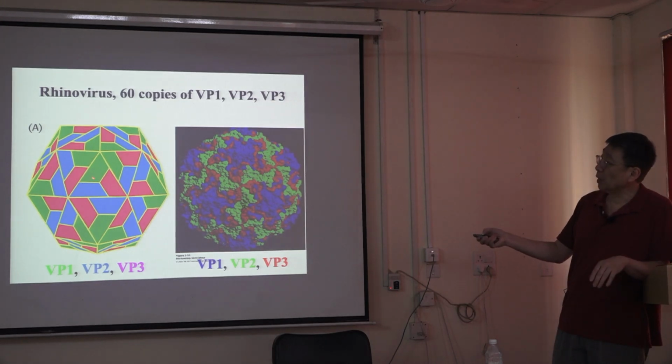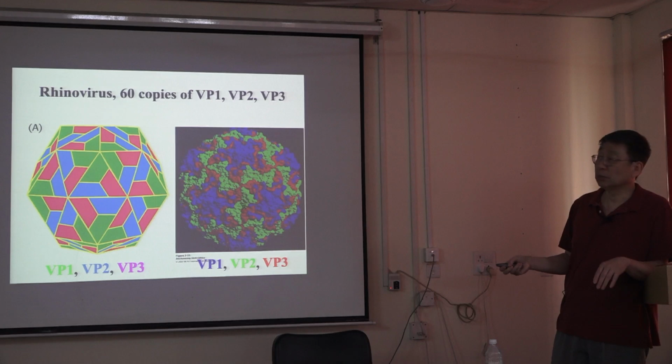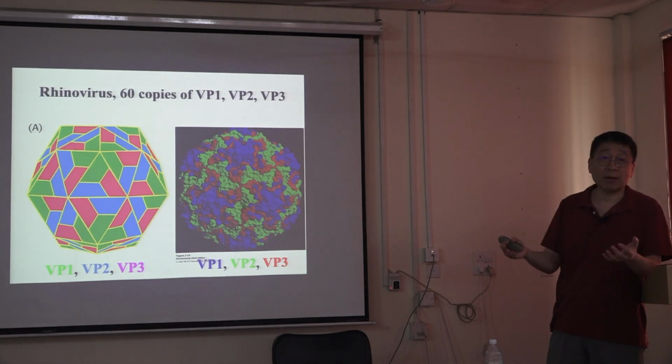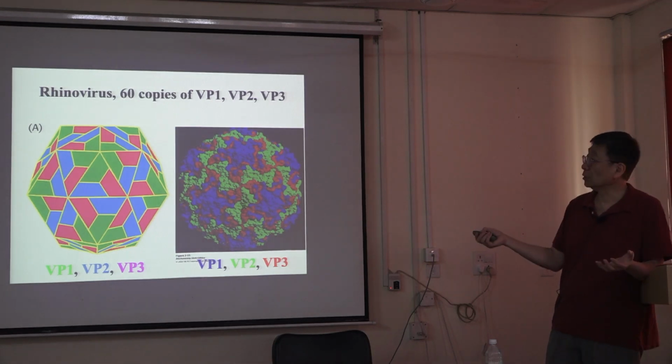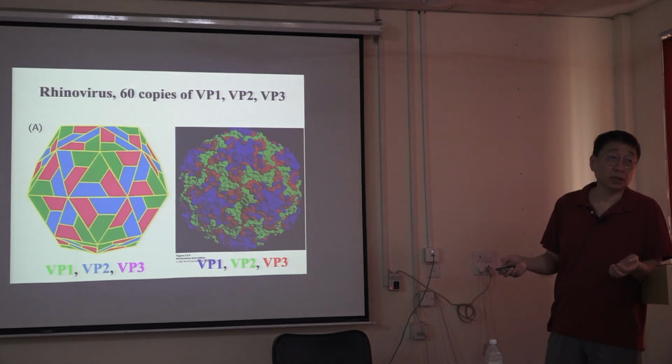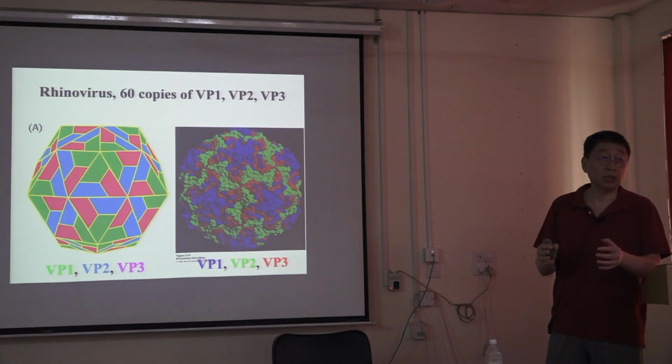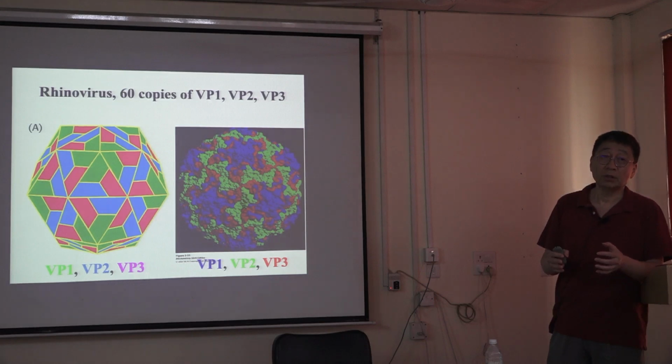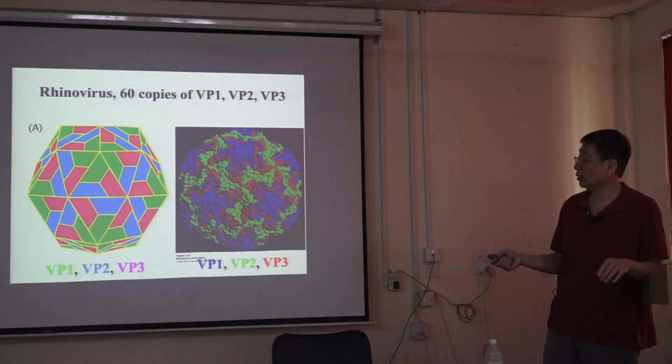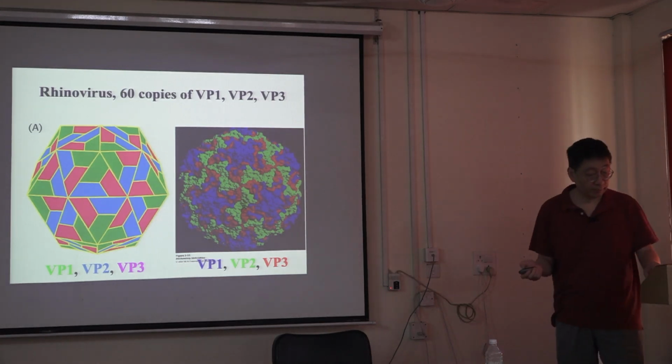And then this is repeated 60 times, either this view or this view, to form this capsid. The role of the capsid is to encapsulate, in this case, the RNA genome, which will be sitting in the middle of this capsule to essentially keep the genome safe during its life cycle. So that's the whole idea.